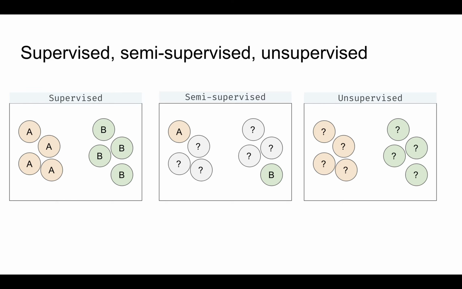The way that works is that if you have a seed data point, that is, a data point that is labeled, then for the data points in the proximity of that data point, there's a high chance that they belong to the same class as the seed data point.